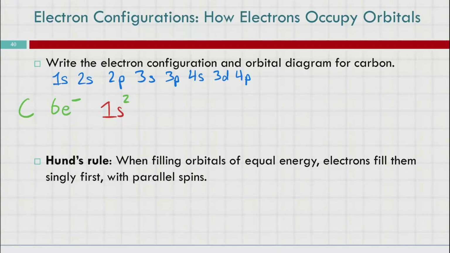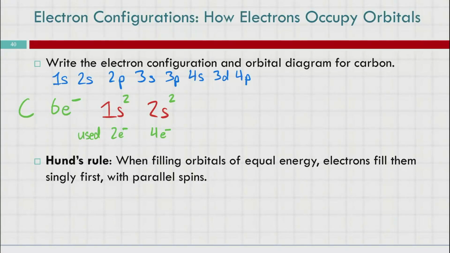So now we've used 2 electrons, and our next energy is 2s, and we can fit another 2 electrons into our 2s orbital.